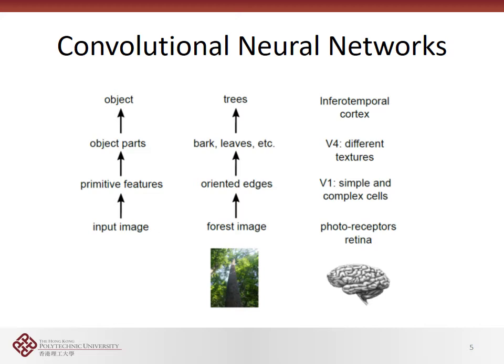So the animal or human visual cortex recognizes an image in a hierarchical way. Convolutional neural networks try to simulate this mechanism, analyzing an image in a hierarchical way.